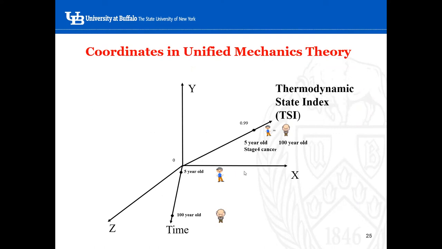So we said Newton's equations of motion are derived for x, y, z, and time. And therefore, they don't account for thermodynamics. And then historically, when people use Newtonian mechanics to account for energy loss, they use phenomenological degradation in the equation, but still within the x, y, z, time space.